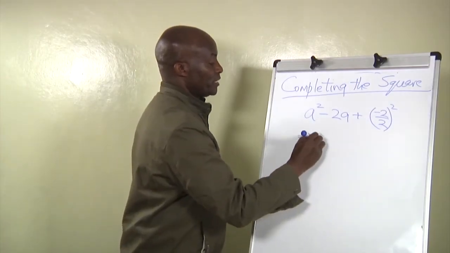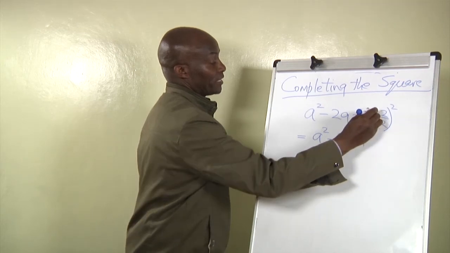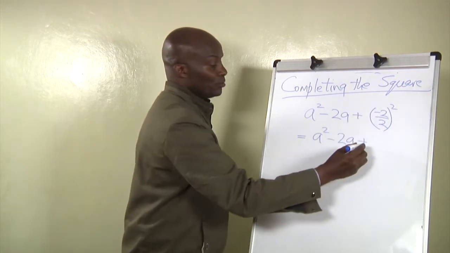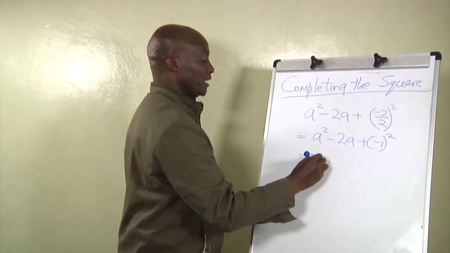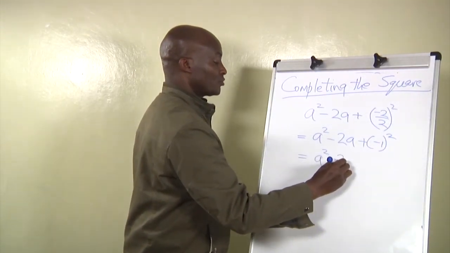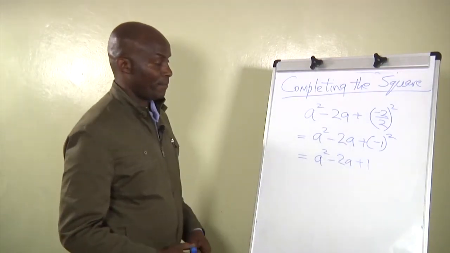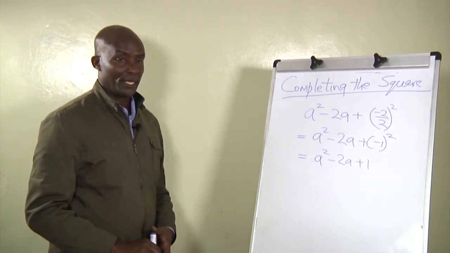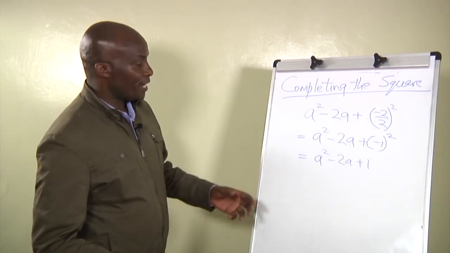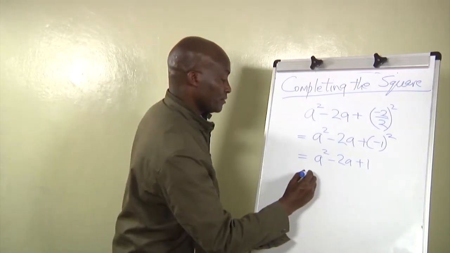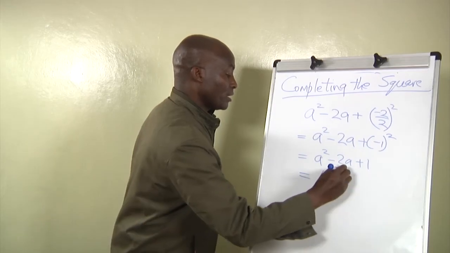Which will be a squared minus 2a plus negative 2 over 2, which is negative 1 squared, which becomes a squared minus 2a plus 1. Negative 1 squared is equal to 1. Now this one becomes a minus 1 whole squared.